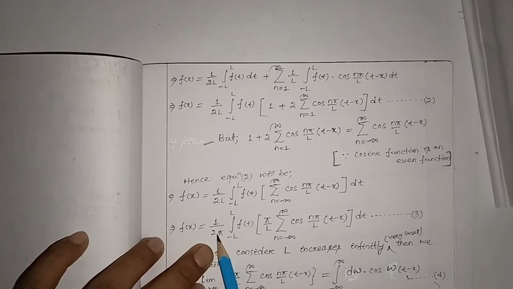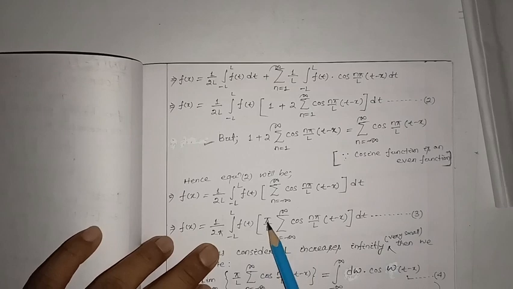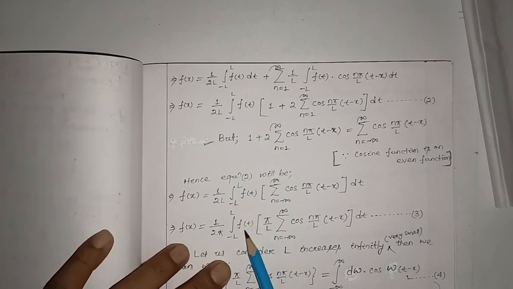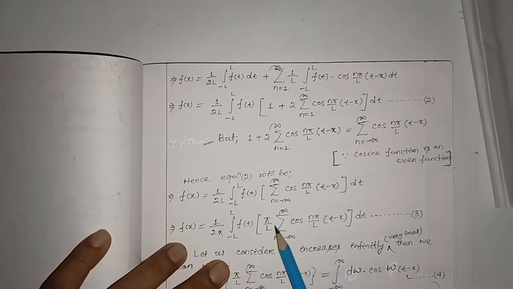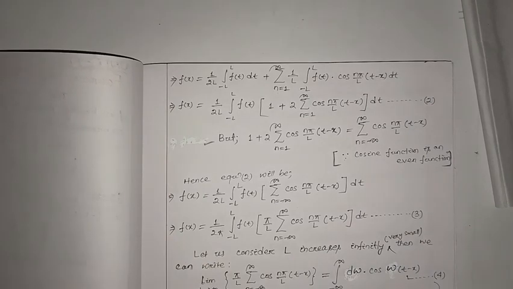L I have multiplied by pi, meaning I have to multiply pi over here, and this L taken inside this bracket, pi by L. f(t) is there, and the summation term is unchanged, dt, equation number 3.